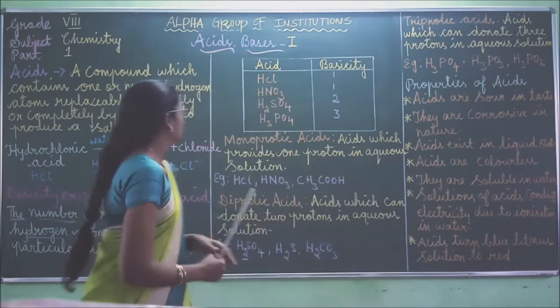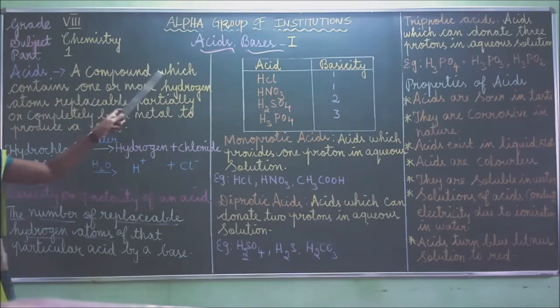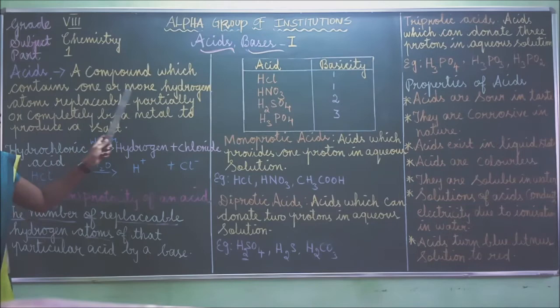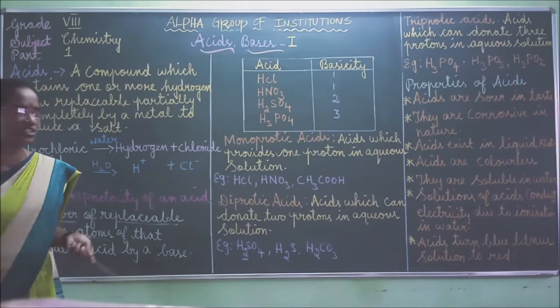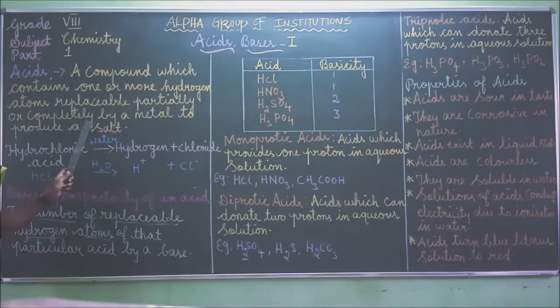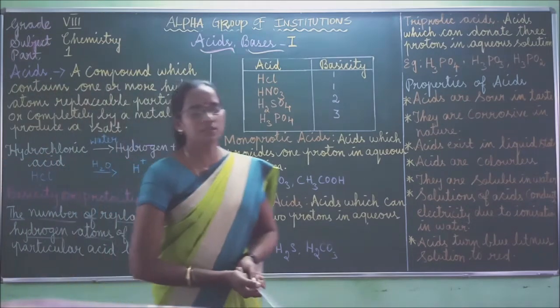According to Liebig, an acid is a compound which contains one or more hydrogen atoms, replaceable partially or completely by a metal to produce a salt.